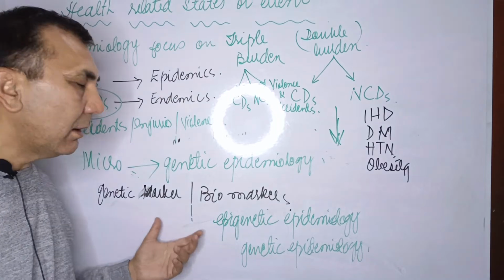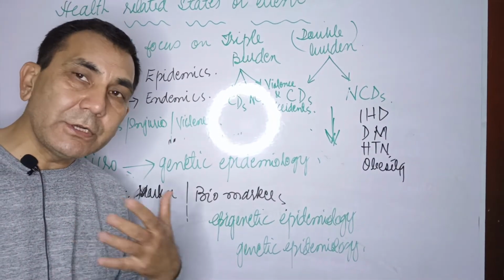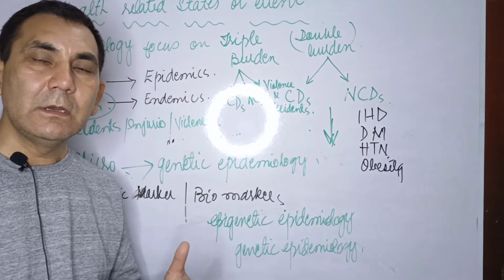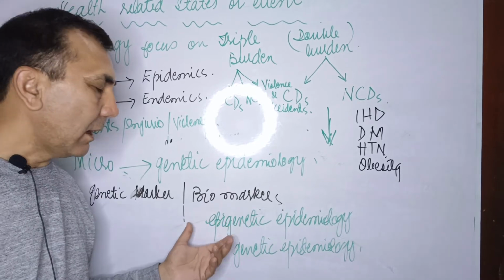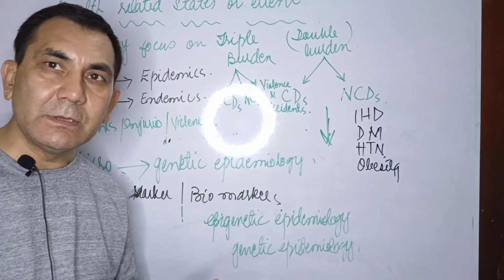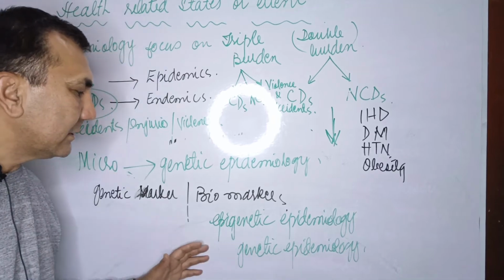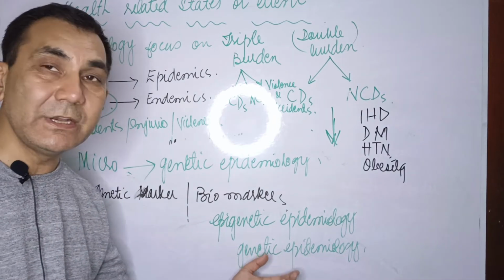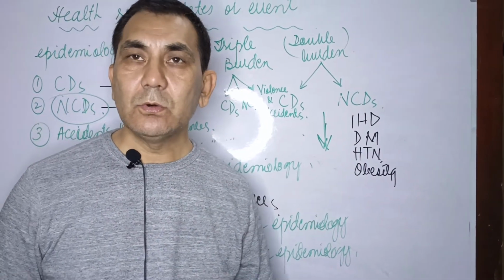So these are the different types of the family of coronavirus which have been discovered by the genetic epidemiologists.